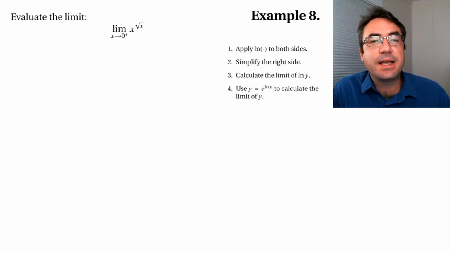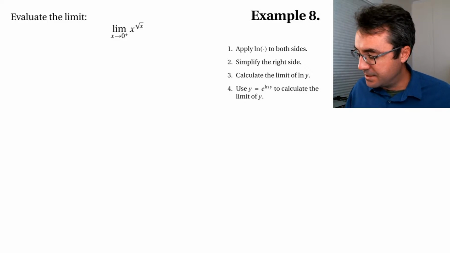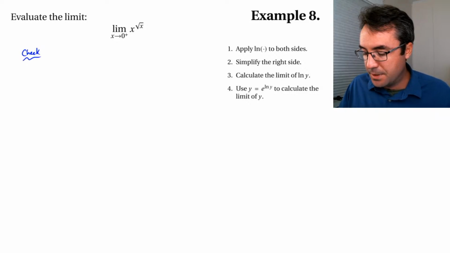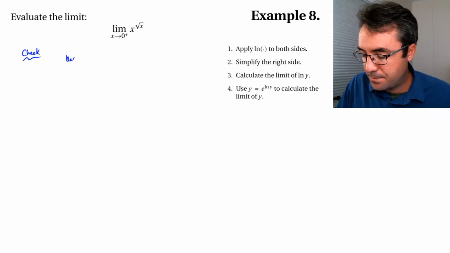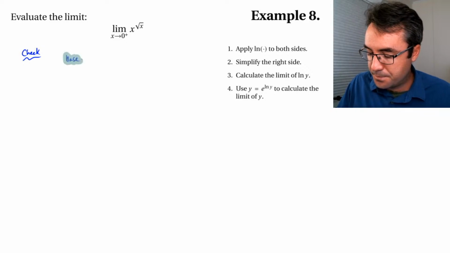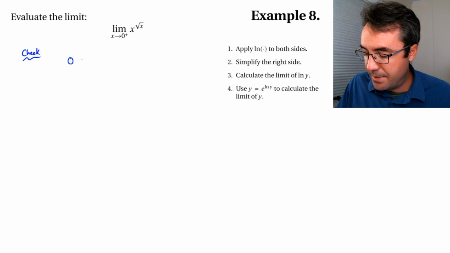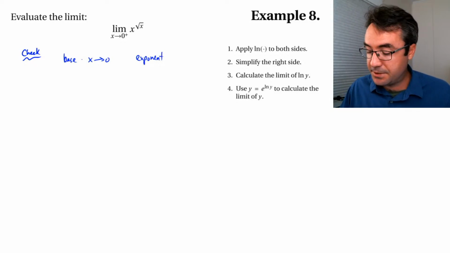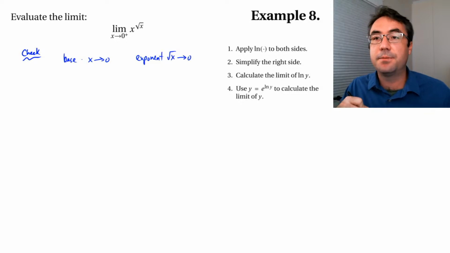We're going to look at the limit as x goes to 0 from the right of x raised to the square root x. Let's just check that this is an indeterminate form. So the base term is going to 0, and then our exponent, which is square root x, is also going to 0.